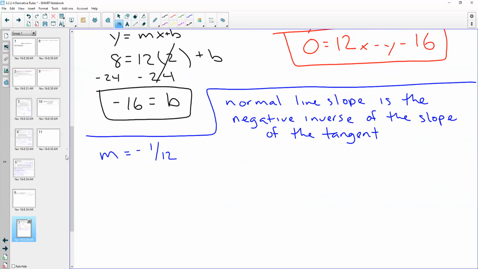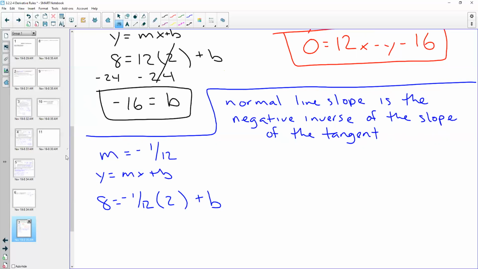Okay, so now we will solve for b again. So y is 8, m is negative 1 over 12, x is 2, and b is b. Okay, so we can simplify this.